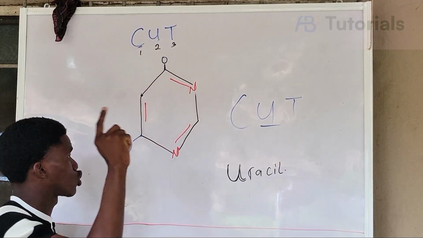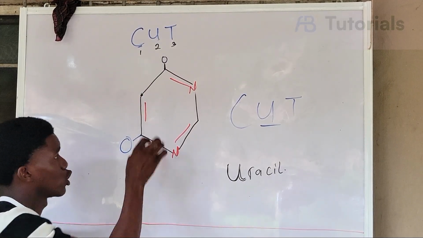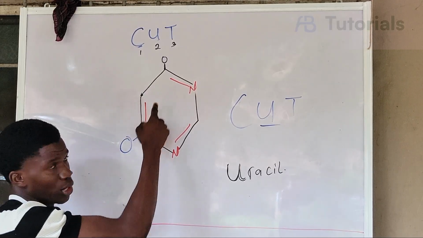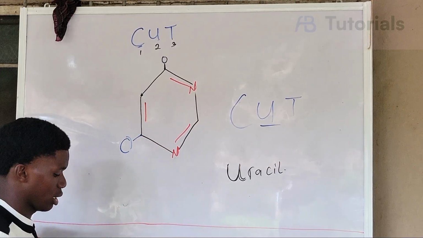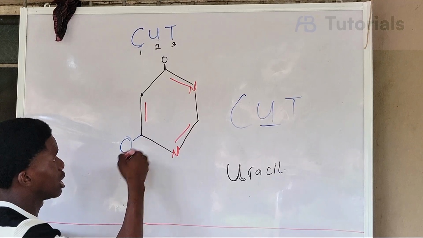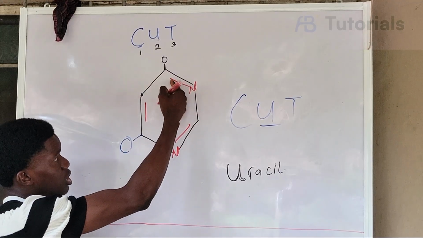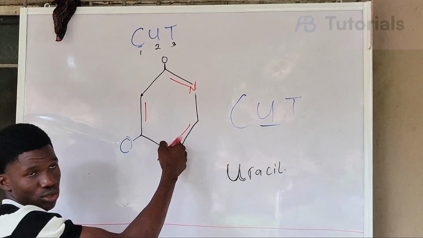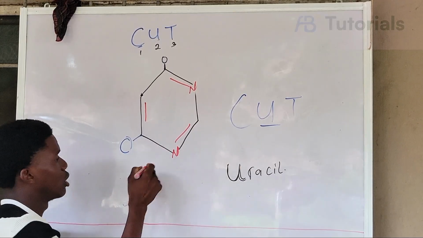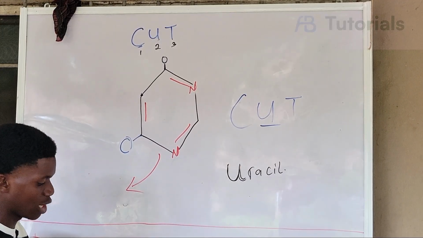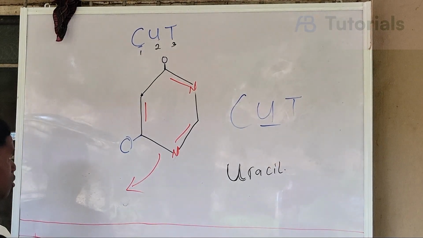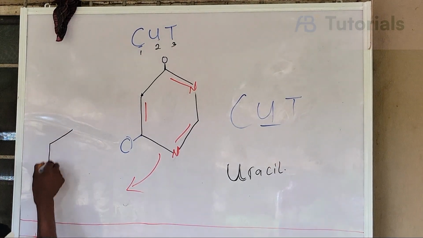But I know oxygen is supposed to have two bonds around it, so I bring this double bond here, and for the other one I put this bond here, and because there's nothing attaching to this side, I leave this one here. So this will then be converted to the black one.